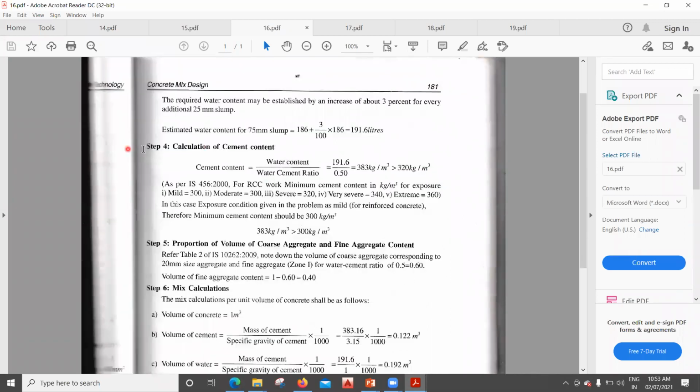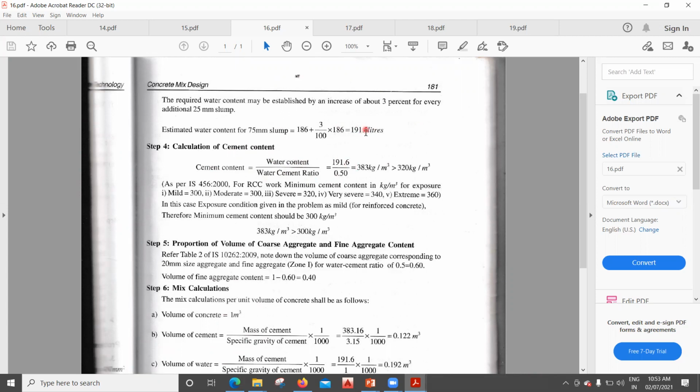Since we are not going to make use of chemical admixture, this much water only we are going to take. In the previous cases, we used to take a reduction for super plasticizer, and this 191.6 would have come down, but this time no plasticizer, directly we'll add water only. Calculation of cement content is water content divided by water cement ratio.